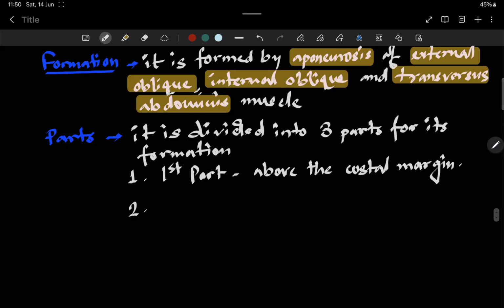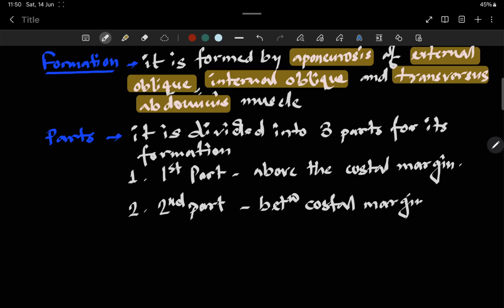Number two, second part, is between the costal margin and arcuate line.